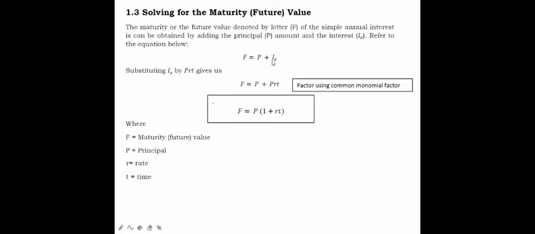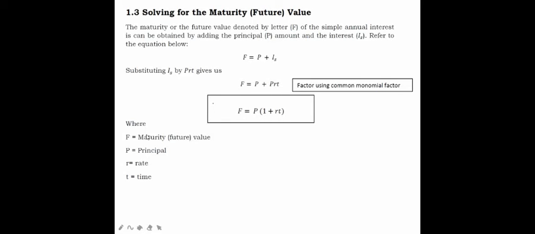So, since equal lang man yan sila dalawa, we're going to factor using the common monomial factor. That becomes F is equivalent to P times the sum of 1 and R times T. So, 1 plus RT times the P.